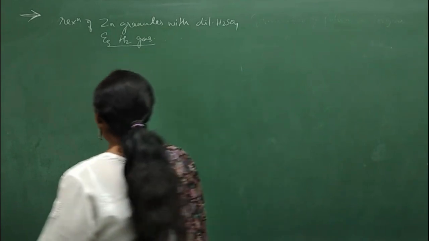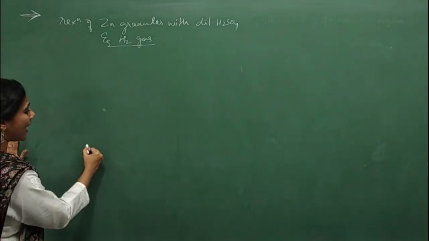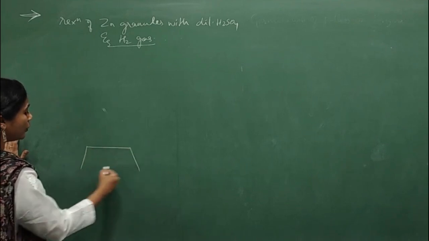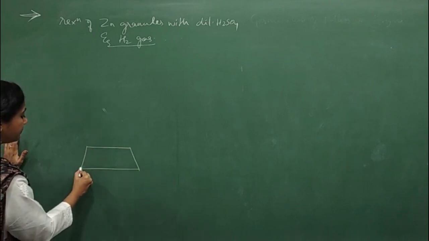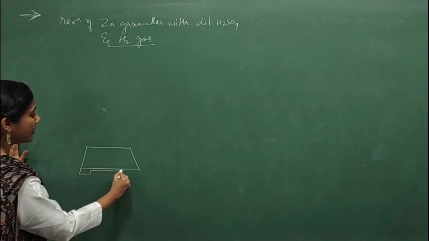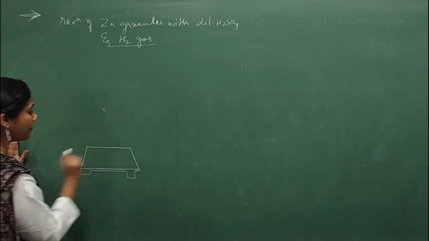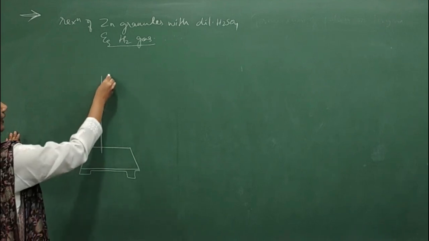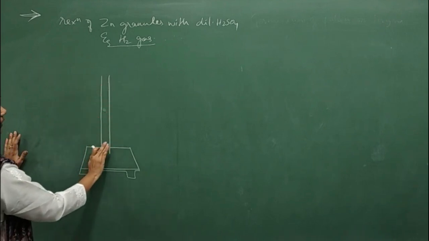So how do you draw the diagram here? Just start from the stand onwards. Okay. So this is actually your stand, right? Something like this. Fine. And now the stand has an elongated rod, right?